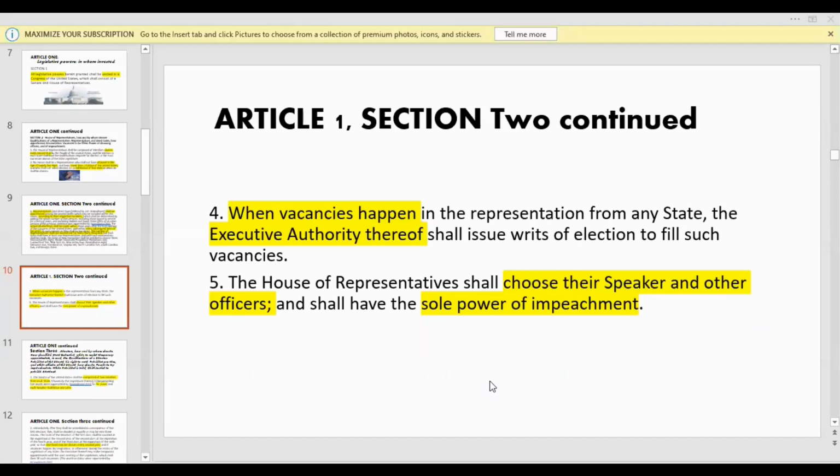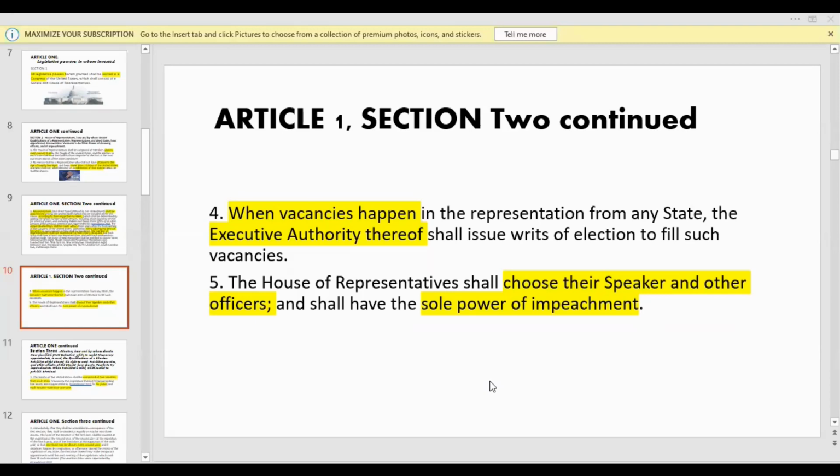Every state has their own. They can call an election within their state to fill the vacancy. But a lot of states just say, it's only for 2 years, so let's let the governor choose the person to fill the vacancy. So when vacancies happen in the middle of a term, each state has its own rules on how to fill that vacancy.